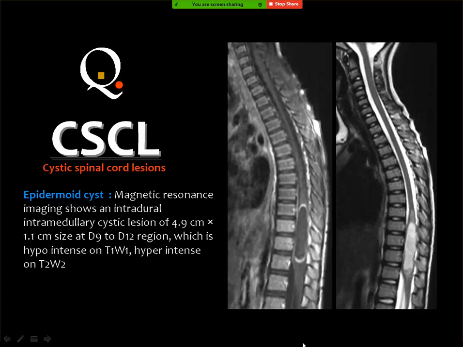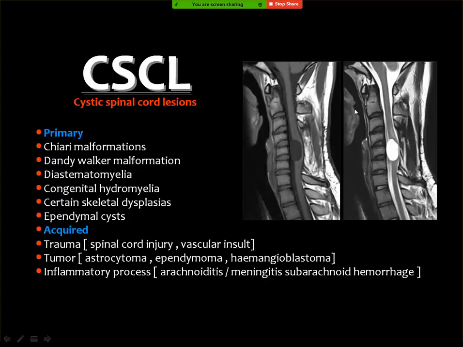Let us look at the differential diagnosis. These are the intramedullary cystic lesions. Number one, Chiari malformation, then Dandy-Walker, diastematomyelia, congenital hydromyelia, skeletal dysplasia, and ependymal cyst. Ependymal cyst is like the simple cyst anywhere in the body.